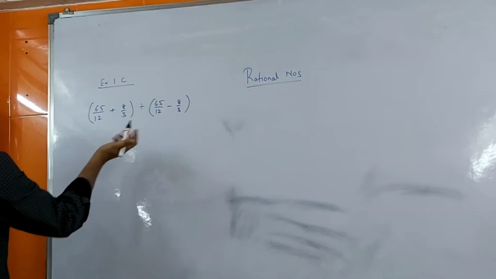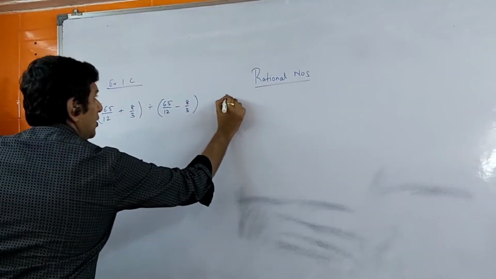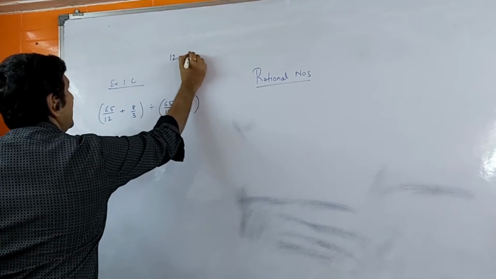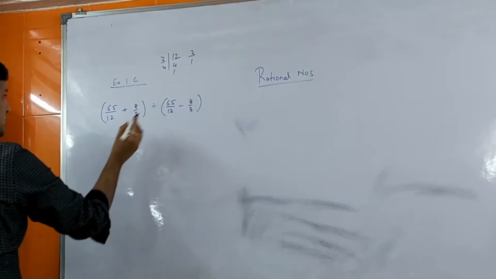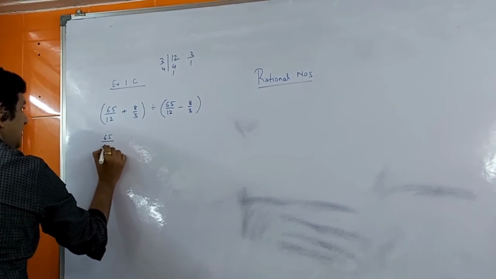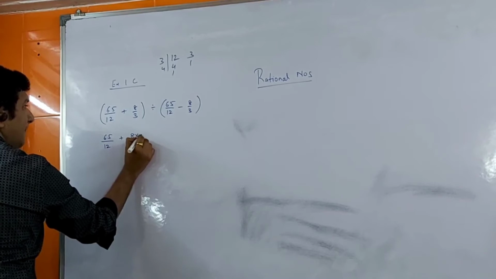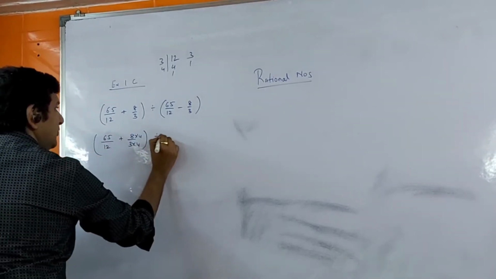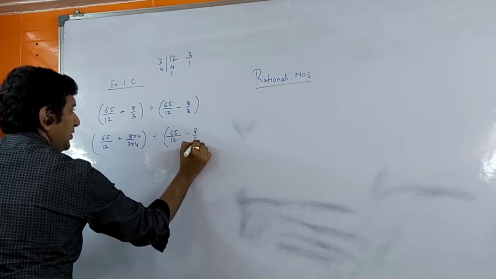Again, I have to definitely get the LCM. 12 and 3. The LCM will be what, students? 12. You can just check 12 and 3: 3 1s are 3, 3 4s are 12, and 4 1s are 4. The LCM is 12. So 65 upon 12 is already 12. Here to get 12, I have to multiply 8 upon 3 into 4.